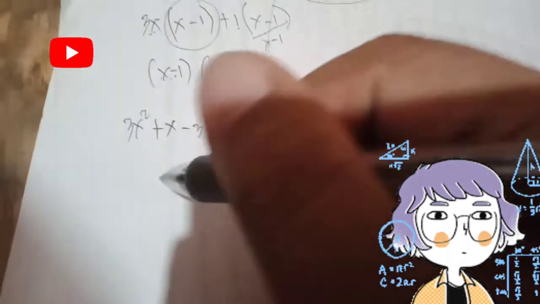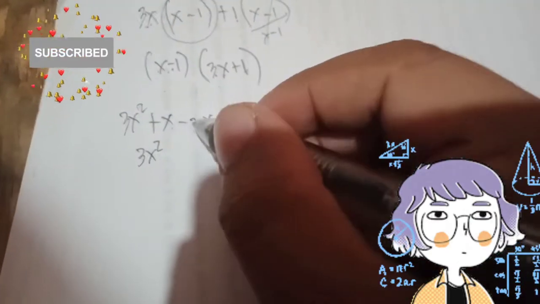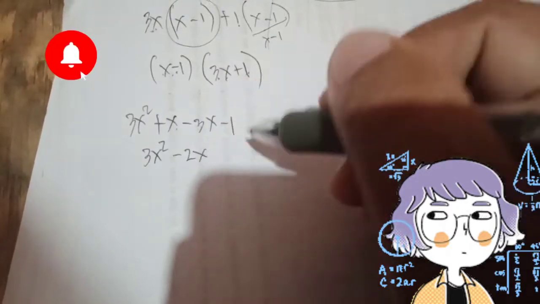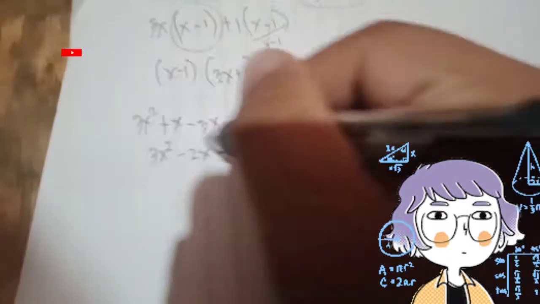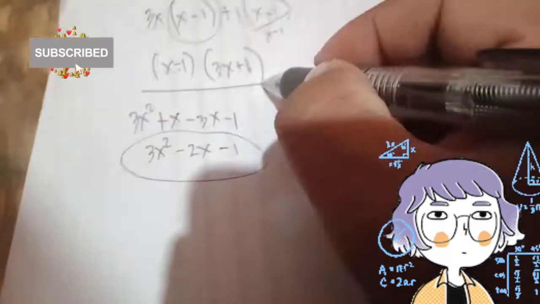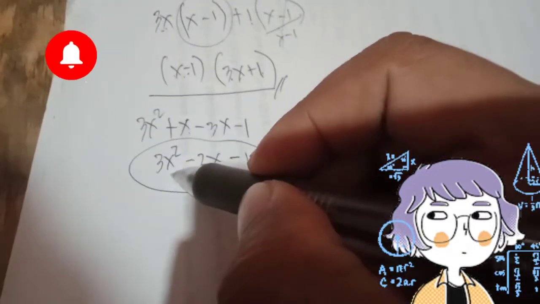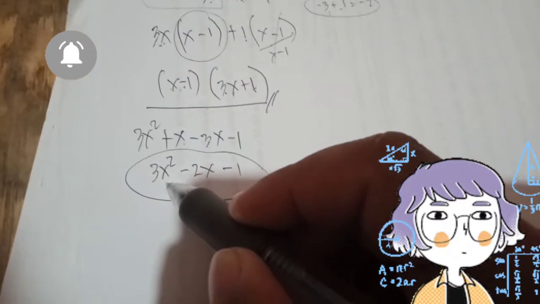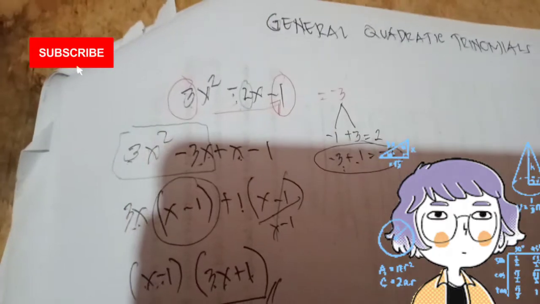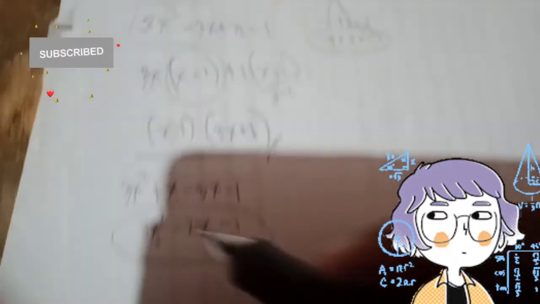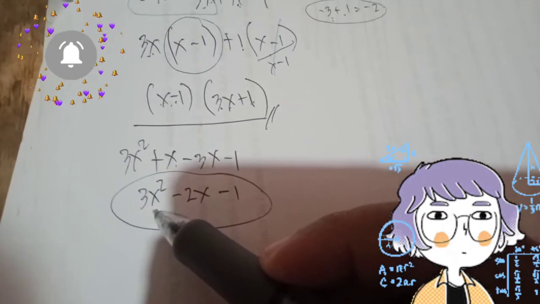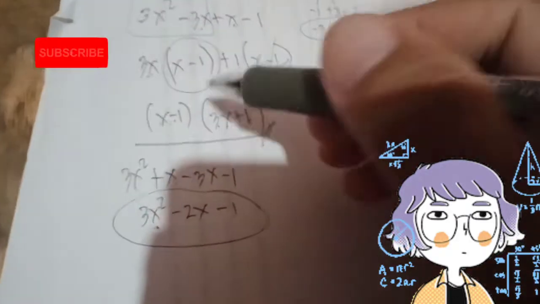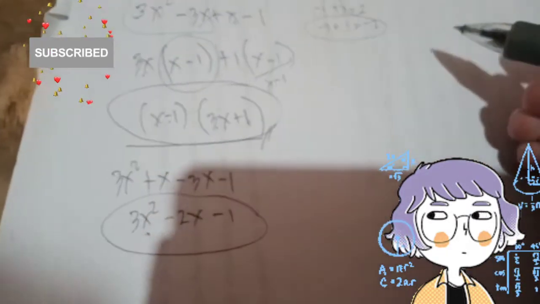Simplifying, x minus 3x is negative 2x, then negative 1. The given equation is 3x squared minus 2x minus 1, and when we simplify, the answer is the same. Therefore, this factor is correct.